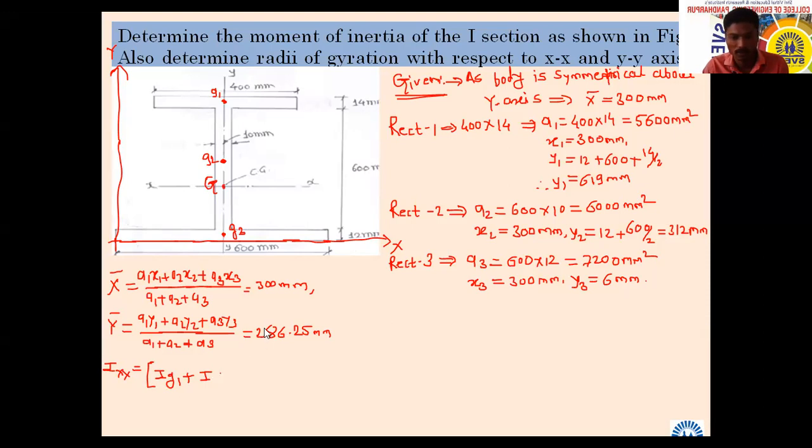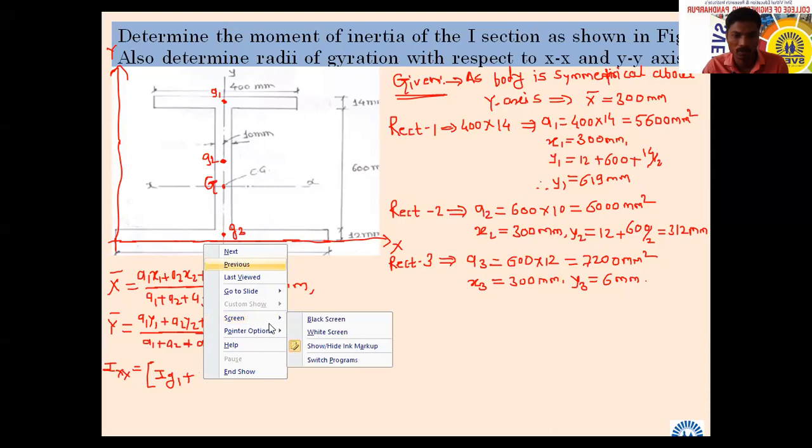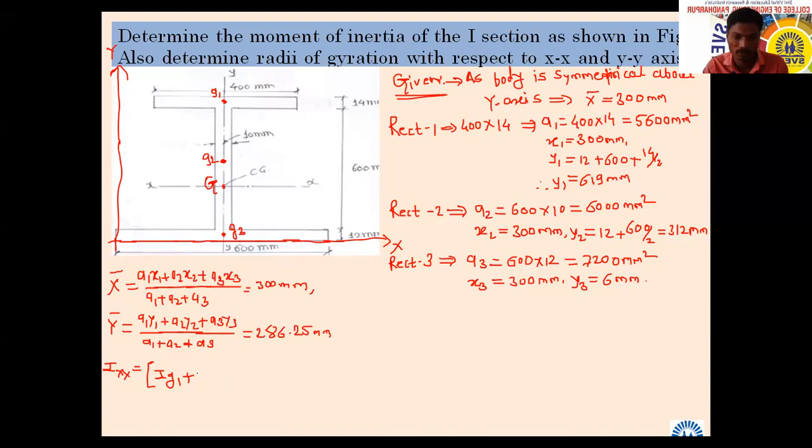That also we will add here, the term A Y square. A1 Y1 square, where Y1 is the distance between G1 and the combined centroid. This is one. Then second, IG2 plus A2 into Y2 square.